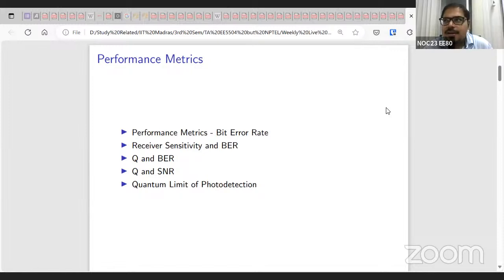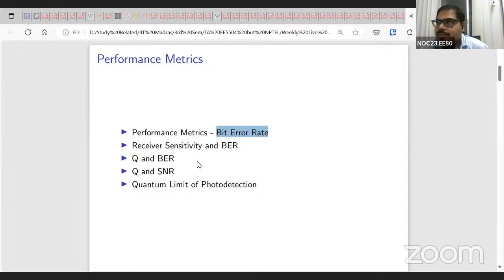But to get all of the concepts, we are starting with an on-off keying signal with direct detection. In that context, we define the performance metrics. The most important of them is bit error rate. Then we define receiver sensitivity, which is the minimum amount of power required to achieve that bit error rate.